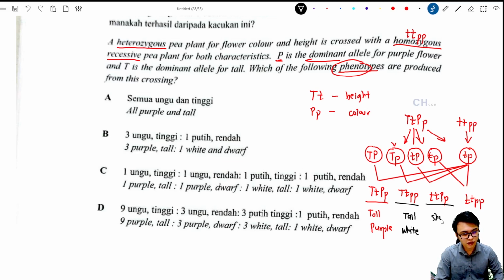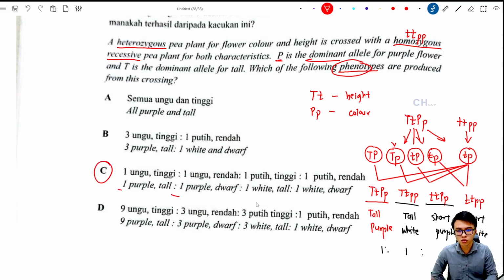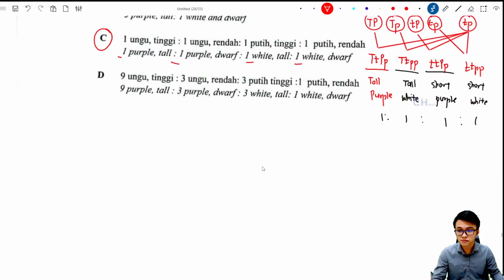This one short and purple. Okay, this one short and white. So you can see the combinations here is like 1 1 1 1, right? So the answer here should be C. Okay, 1 1 1 1. Yes.